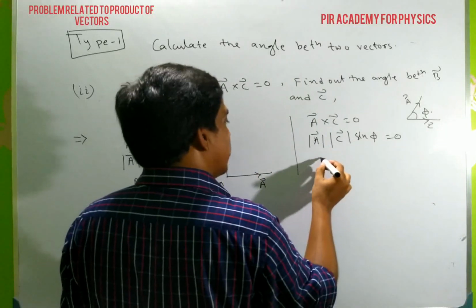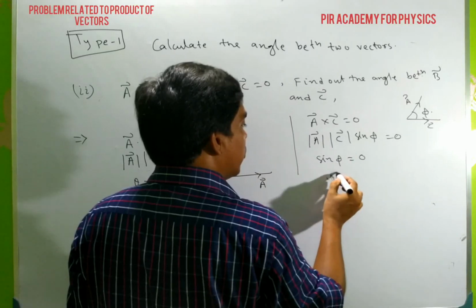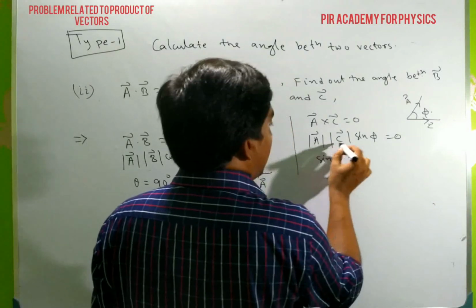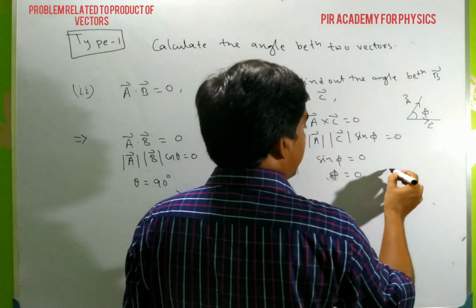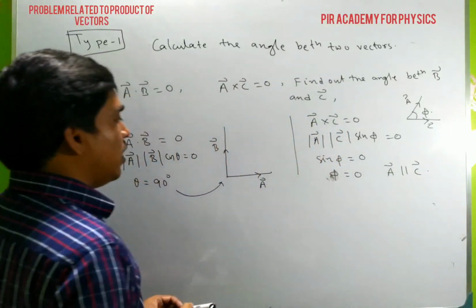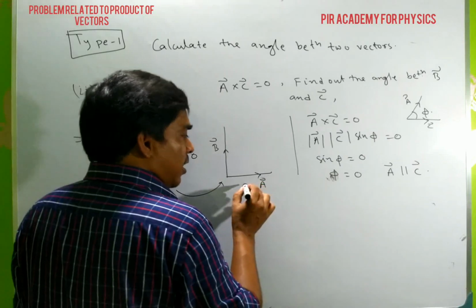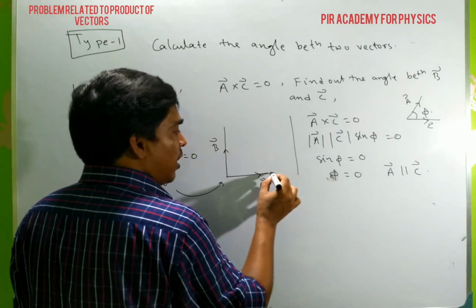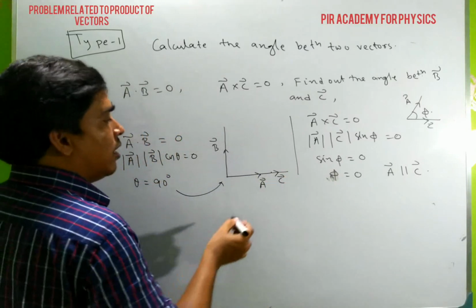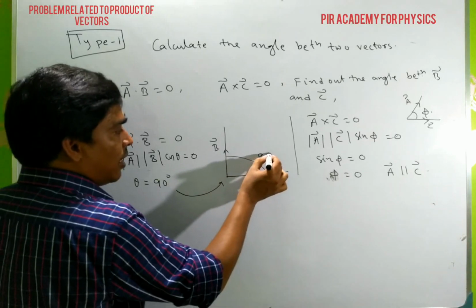That means sine psi equals 0, that means psi equals 0. So A and C are parallel. That means A vector is along this line and C vector will be along this line. That means the angle between B and C will be 90 degrees.